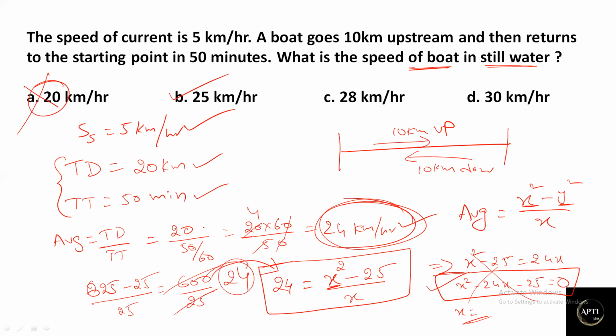So we are getting 24. So the answer will be 25 kilometers per hour. The speed of the boat is 25 kilometers per hour. Rather, if you want, you can do it by finding roots, but my suggestion is to go with option verification, so that it will be done very easily as well as fast compared to finding the roots of the equation.